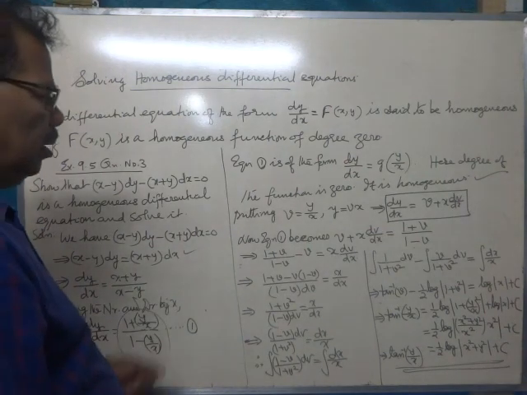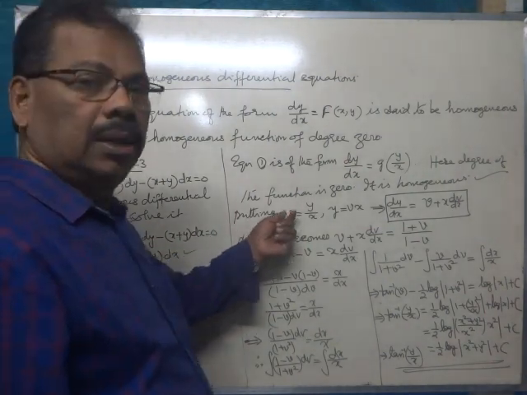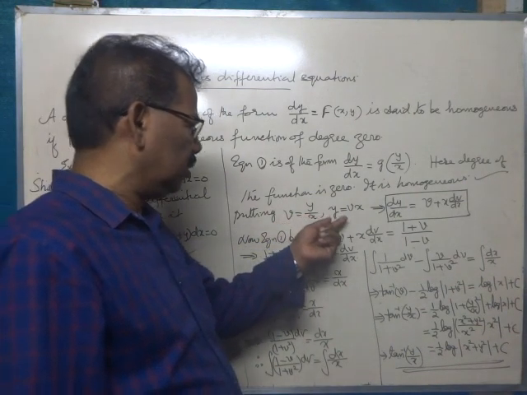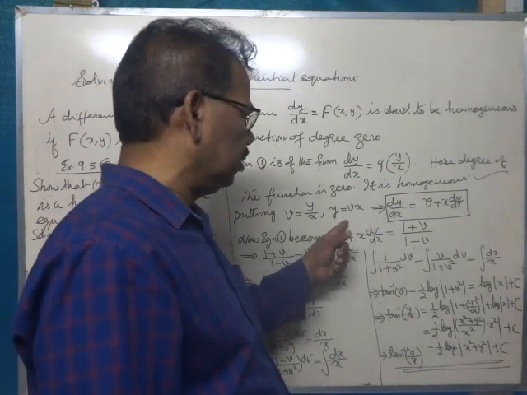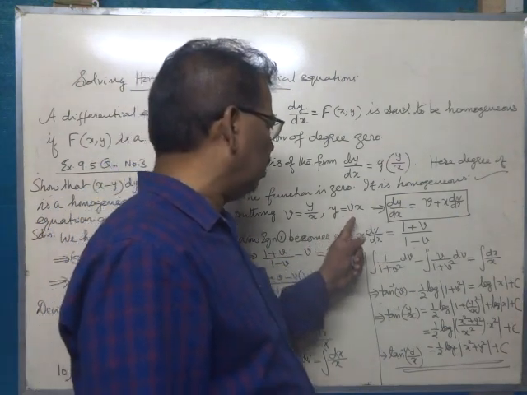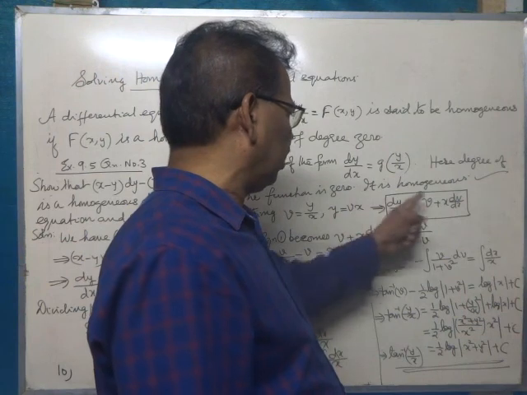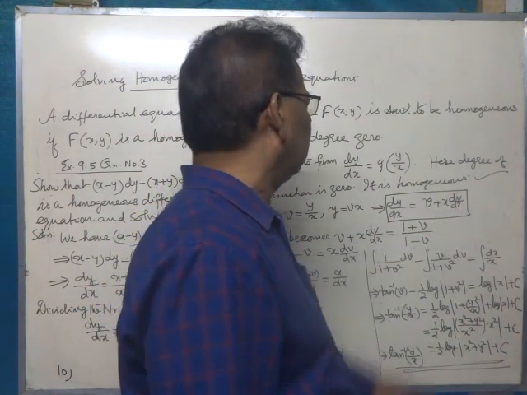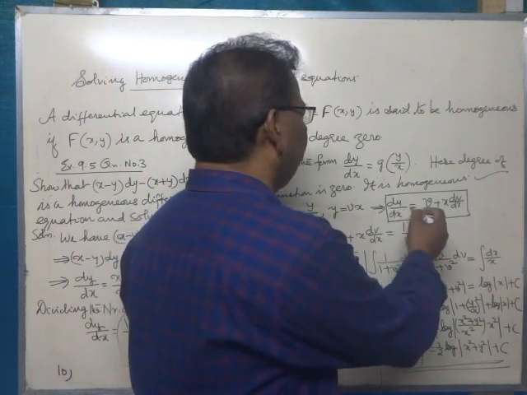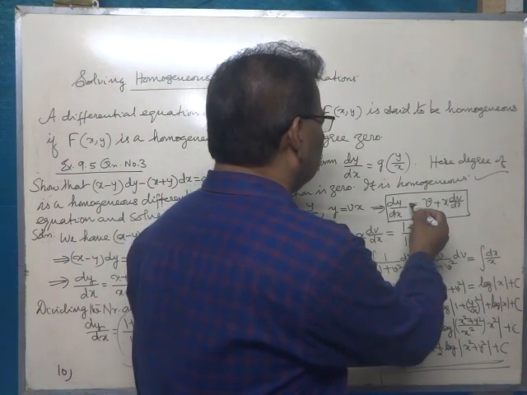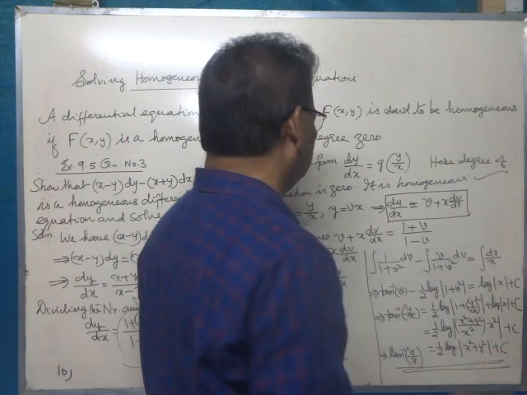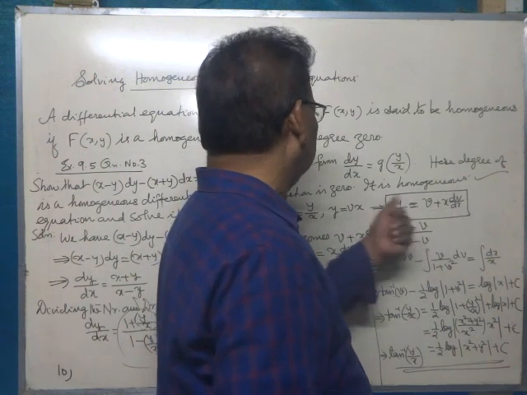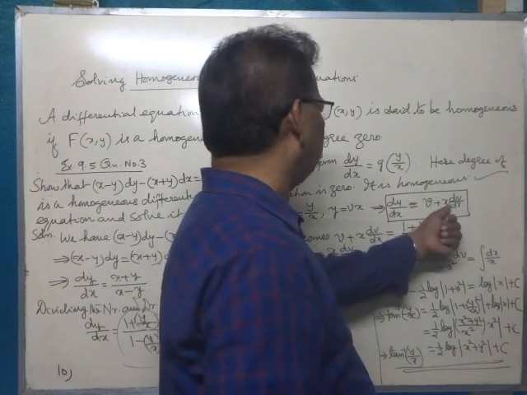Then we shall take a substitution. Put v is equal to y by x, that is y is equal to vx. Now differentiating, we get first function into derivative of the second, plus second function into derivative of the first. That is, dy by dx will be v plus x dv by dx. How is it? First function v into derivative of the second, which is 1, that is v into 1, plus second function x into derivative of the first, dv by dx.